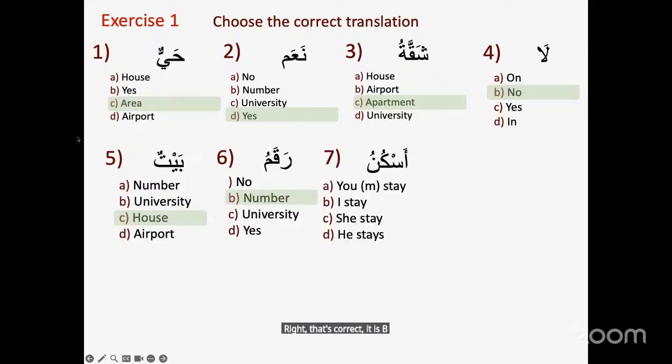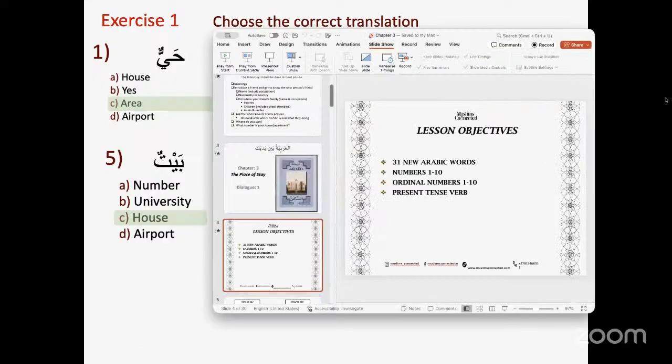It is B, number. Okay. What about the word askunu? Right, C. Unanimously agreed. That's B, I reside.